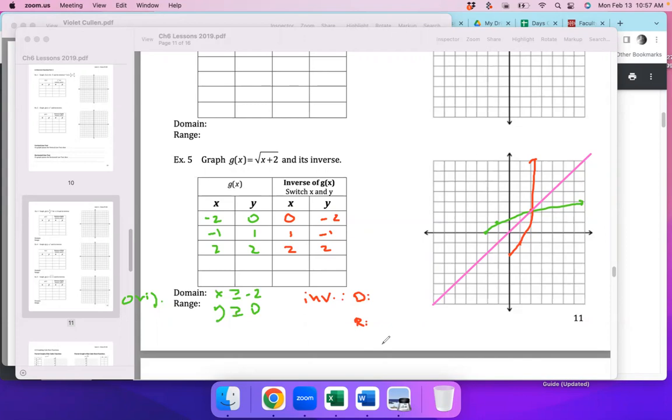Like for example, let's look at the green. So let's look at the red curve now. Where does the red curve start? At 0, right? And you're going higher. And then what's the lowest y value in the red curve? And it's going up. Now notice that these are the reverse, right?